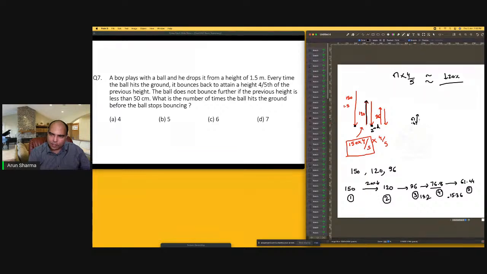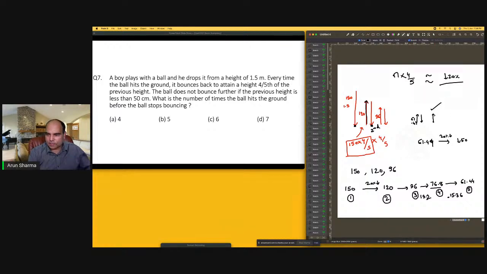Now I need to be careful, because when it drops from 61.44, the next bounce up is 61.44 into 0.8, or 20% less than that. So the bounce up will be less than 50, but this bounce is going to happen.